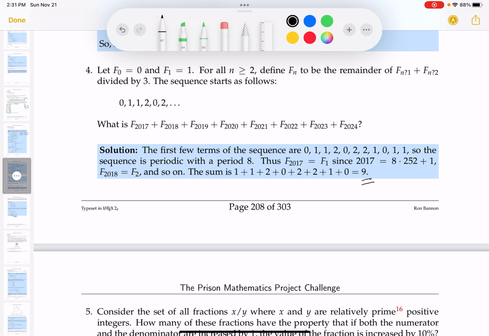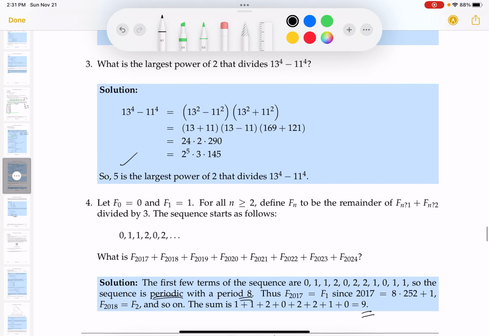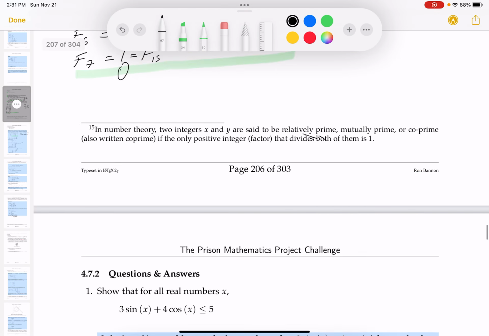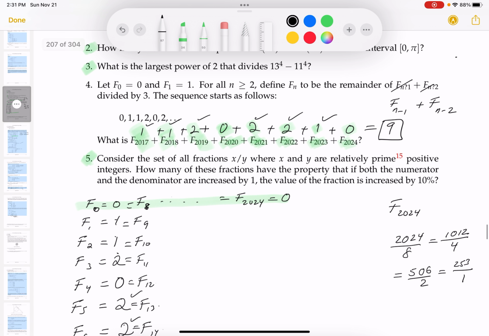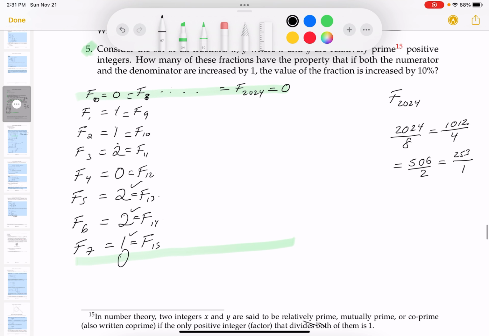All right, so they did it a little bit different. It has a period of 8, though. They're a little bit different than we did it, but the sum's 9. All right, 1, 1 goes up to 0. Period of 8: 1, 2, 3, 4, 5, 6, 7, 8.